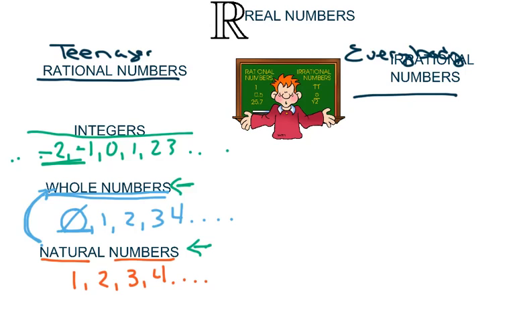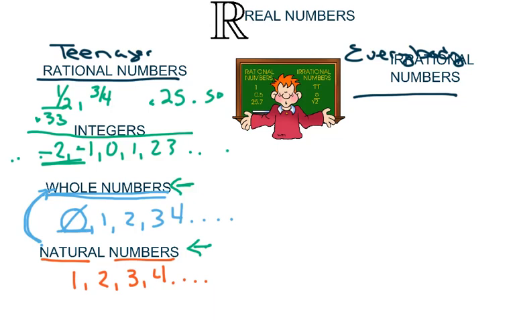And then rational numbers. You think, well, what else can you have? What about those lovely things that y'all love called fractions? Or decimals, like 0.25, 0.50, 0.33 repeating.